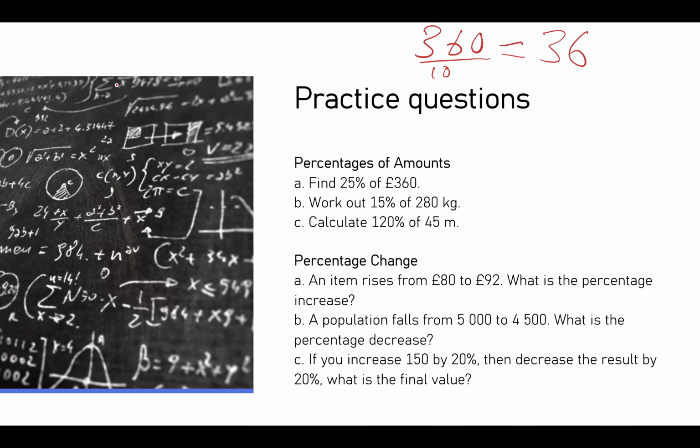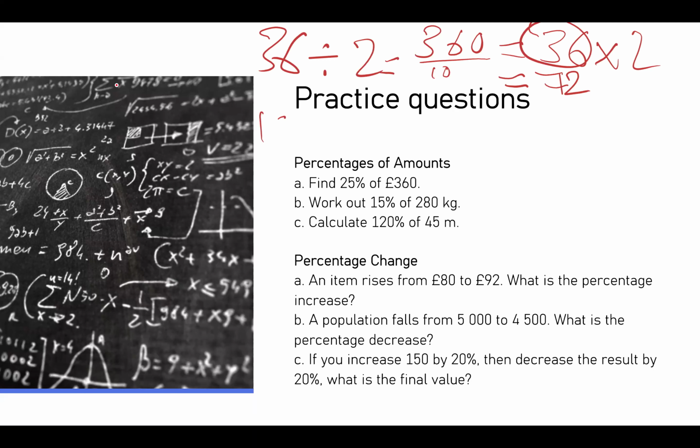So that's 10%. Now to find out 20%, all we do is times it by 2, which equals 72. So 20% is 72. To find out 5%, all we do is divide this 36 by 2. So the answer would be 18.